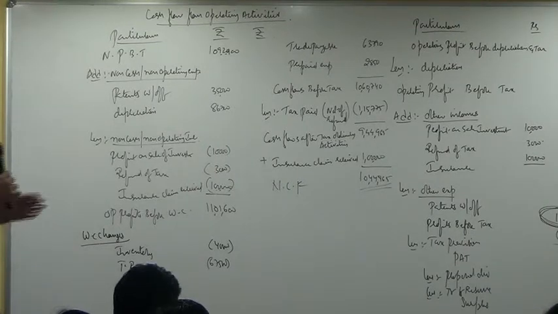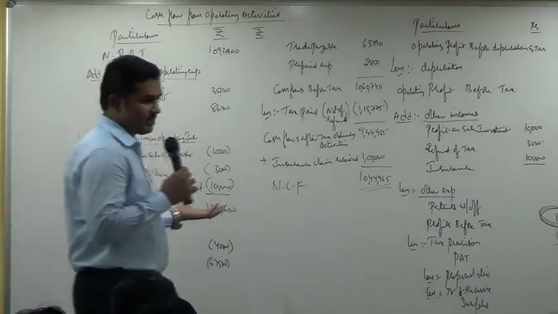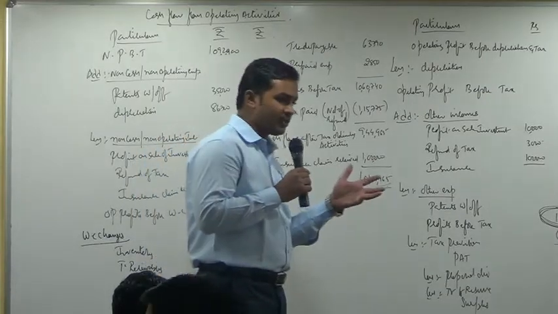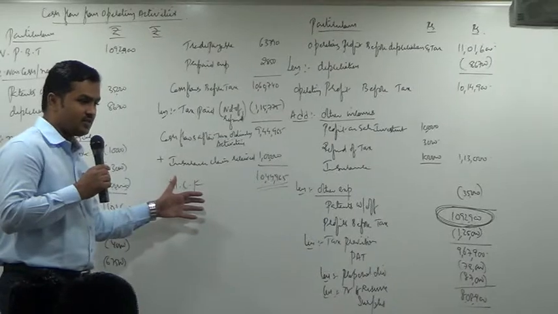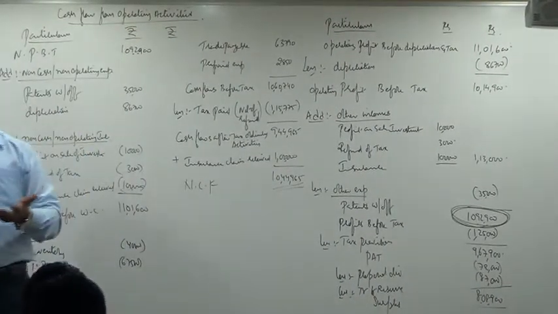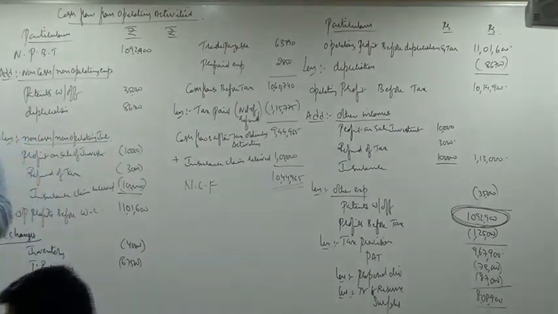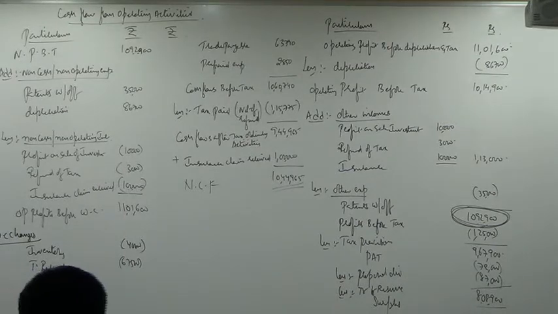We are assuming that the goods were destroyed in a fire accident. Goods relate to operations, hence the claim received is shown as part of operating activities. If assets were destroyed in a fire accident and you receive some claim, we will show it as part of investment activity.